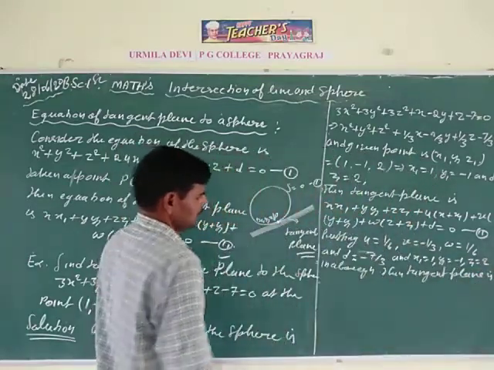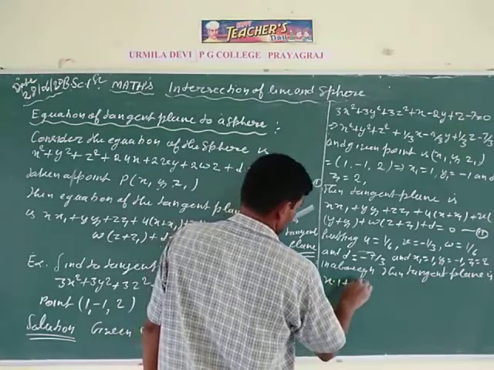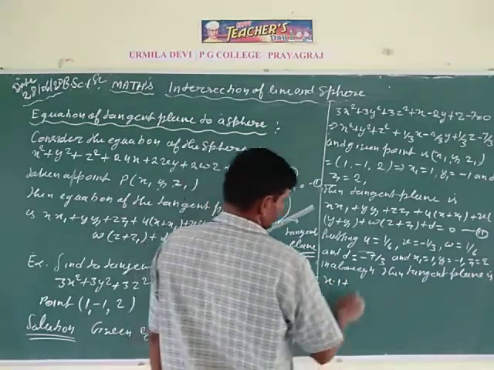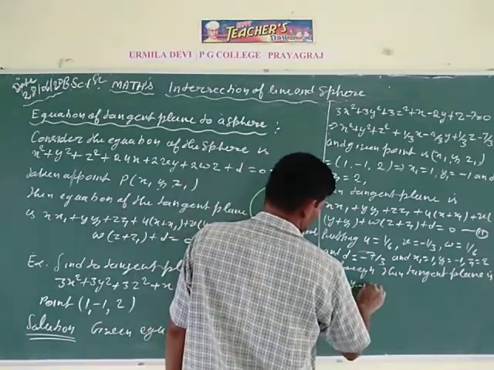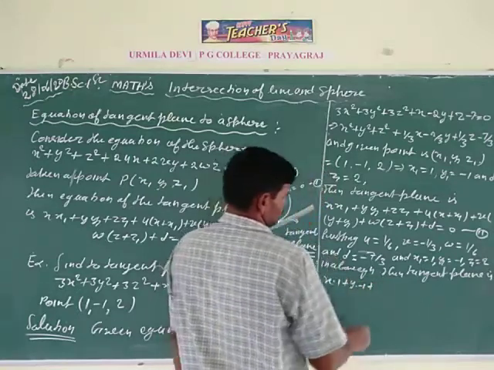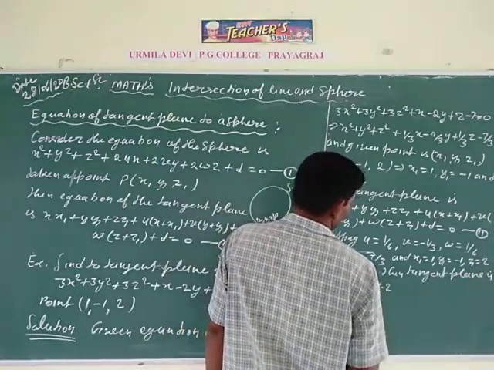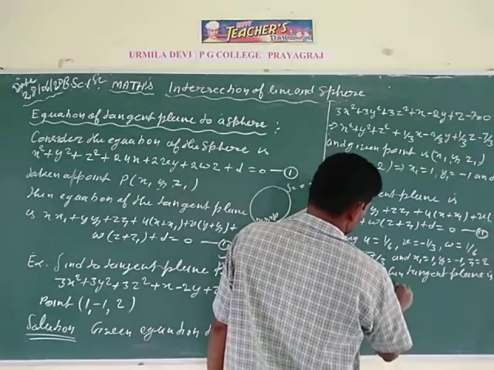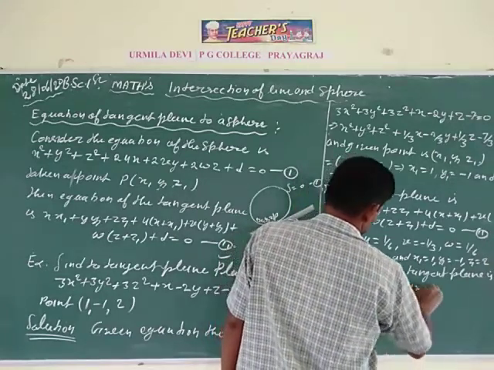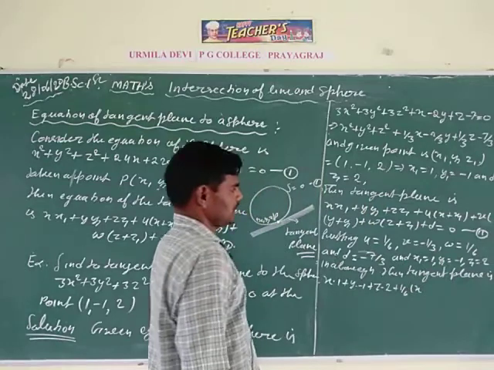then the tangent plane is: x1 is equal to 1, so x into 1, y1 is equal to minus 1, so minus y, plus z into 2, and u is equal to 1 by 6 times x plus x1.